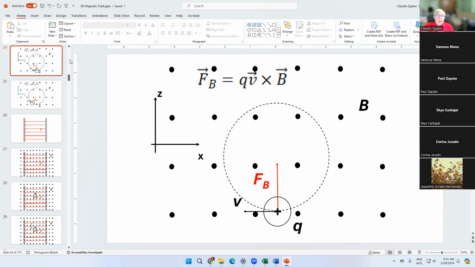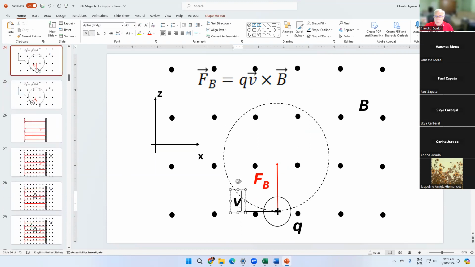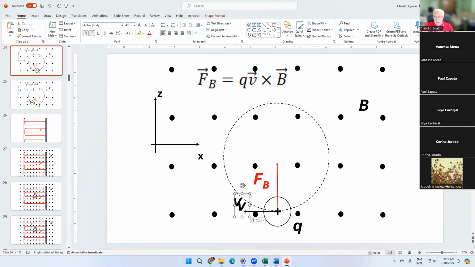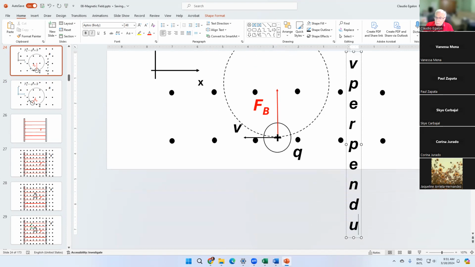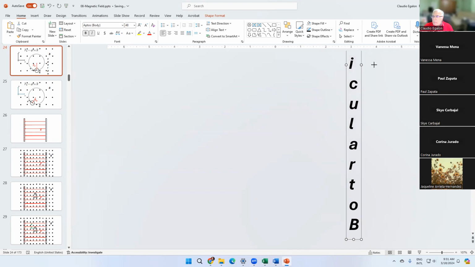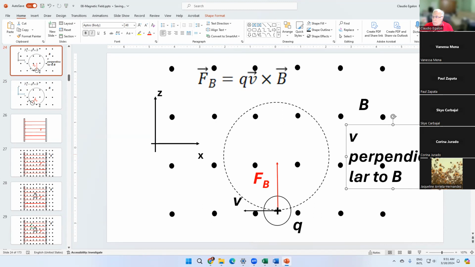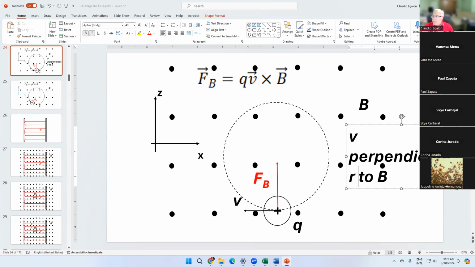Okay, and I'm going to write that down here. V perpendicular to B. V perpendicular to B. It doesn't fit here.